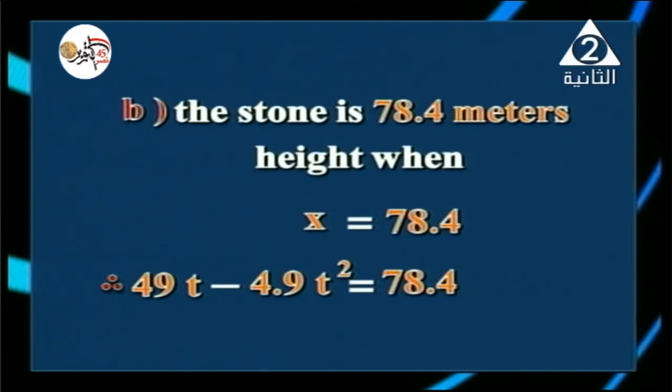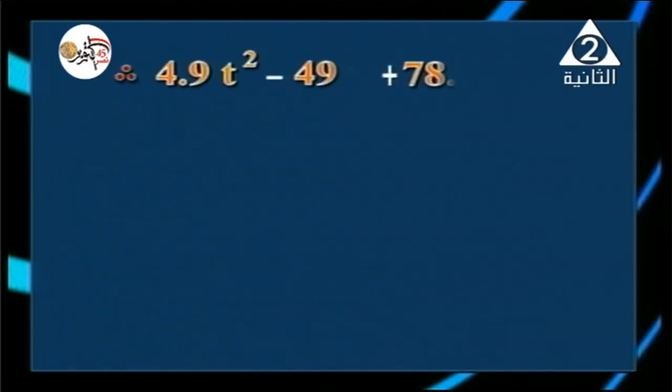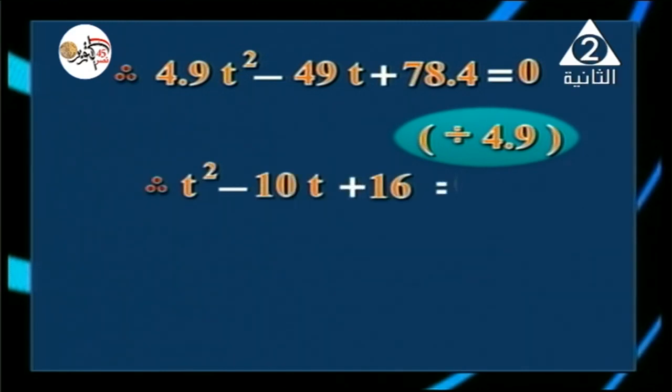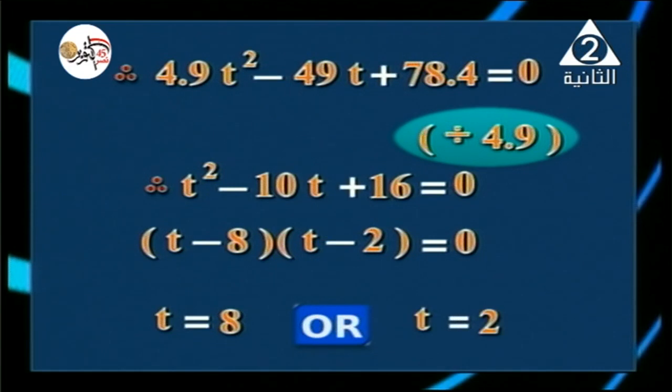By using factorization or calculators, find the value of t. Dividing by 4.9, therefore t square minus 10t plus 16 equals 0. By factorization, t minus 8 multiplied by t minus 2 equals 0. Therefore, t equals 8 or t equals 2.